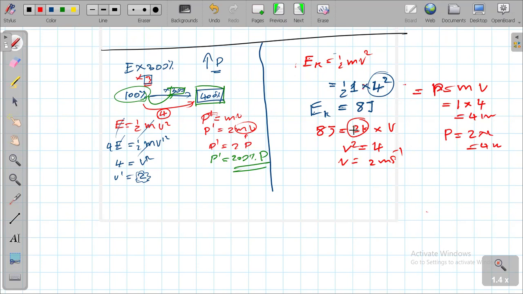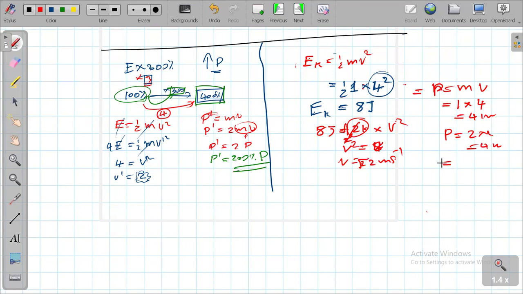Oh, wait. මම මෙතන පොඩි අවුලක් කරා. I forgot to put half here. Two root 2 ms minus 1.